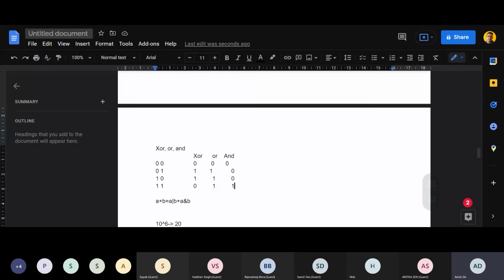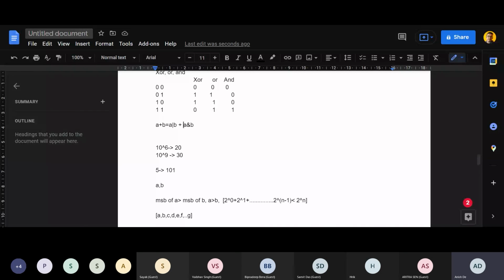So basically A plus B is equal to A bitwise OR B plus A bitwise AND B. This is an important property, and it is used in multiple problems.